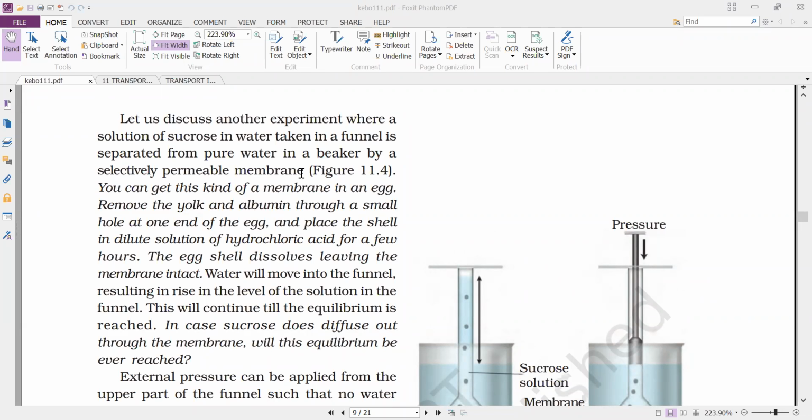We have to keep it for 1 hour or 2 hours. Slowly, the eggshell gets dissolved in that hydrochloric acid, and the membrane surrounding the egg is exposed.